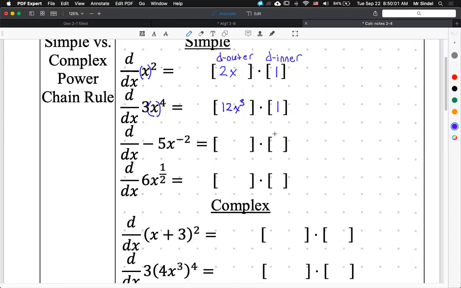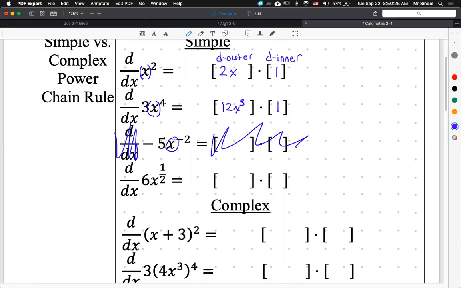All right. For this next one, Teflon, what is the inner of this term right here? Just identify the inner, not the dinner, just the inner. 10x? Oh, the dinner. My bad. I don't want you to take the derivative, nothing like that. Ignore the derivative right now.